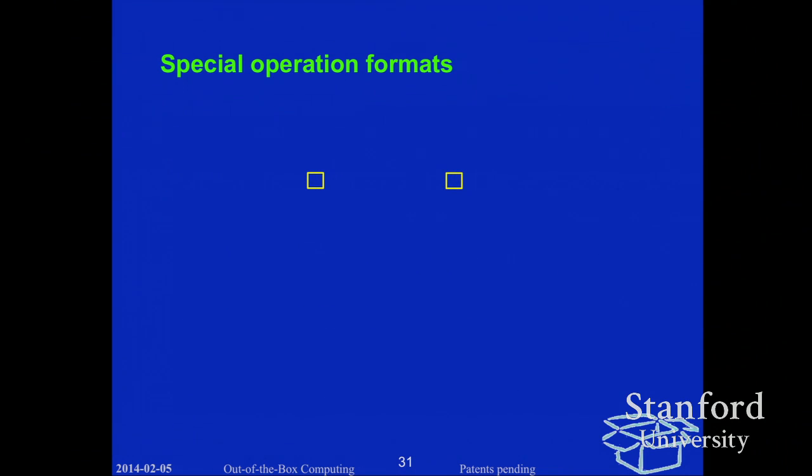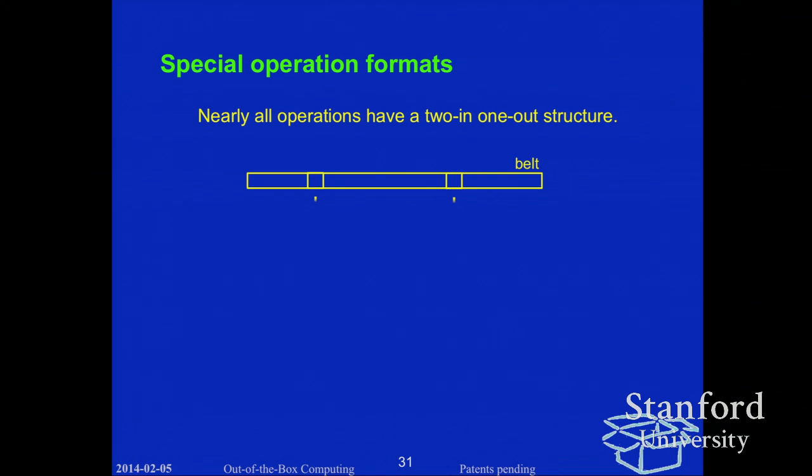Architectures are designed to optimize the common case, and the common case is that you have operations that are 2 input and 1 output, like an add. And consequently, there are data paths to feed functional units, which carry 2 data in and 1 data out. So nearly everything has that kind of structure.